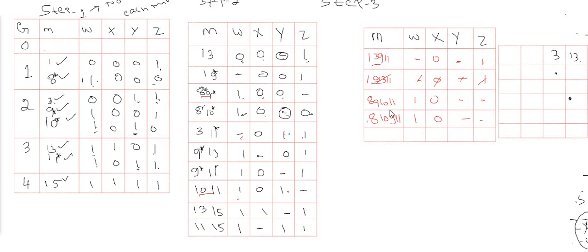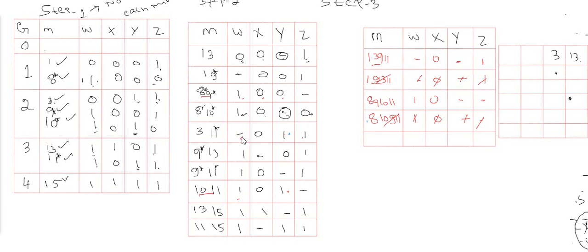It is similar to the previous one, so it is a duplicate version and we can cancel that out. Next, 8, 10 is similar to 13, 15, which is also dash, but x and z are both high there, and here x and z are both 0. So this is not possible.